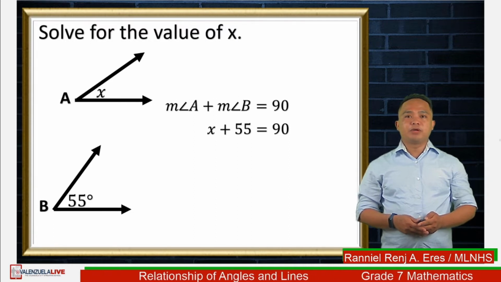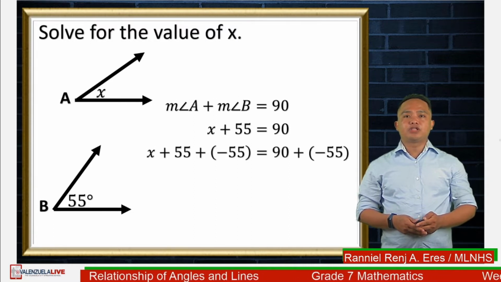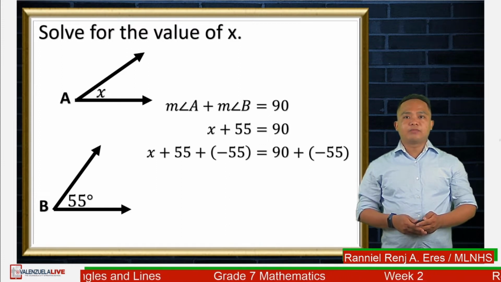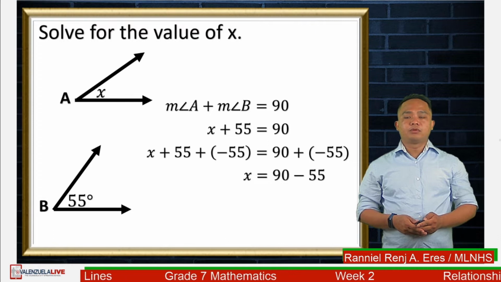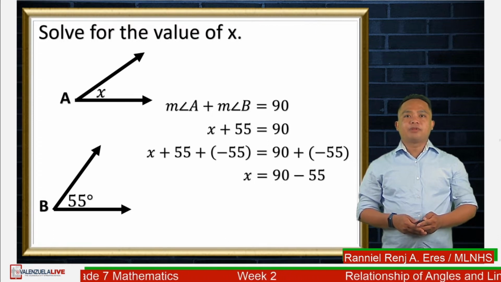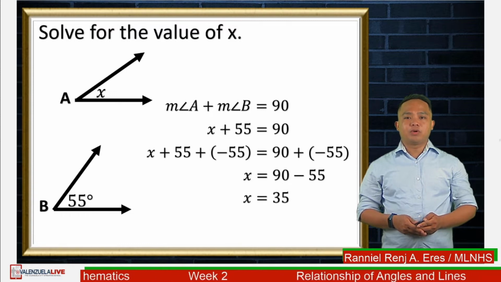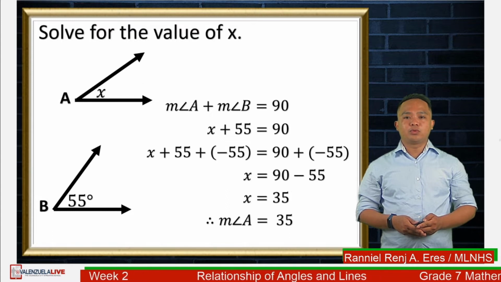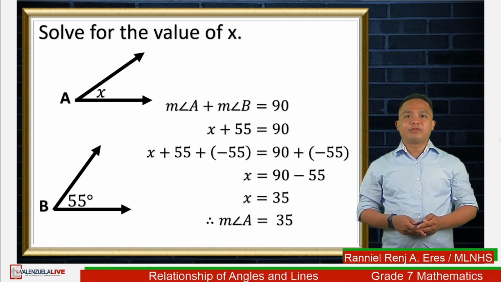So x plus 55 must be equal to 90. By addition property of equality, we will add negative 55 on both sides of our equation, and as a result, we have x is equal to 90 minus 55, and x is equal to 35. Therefore, the measurement of angle A is 35 degrees.